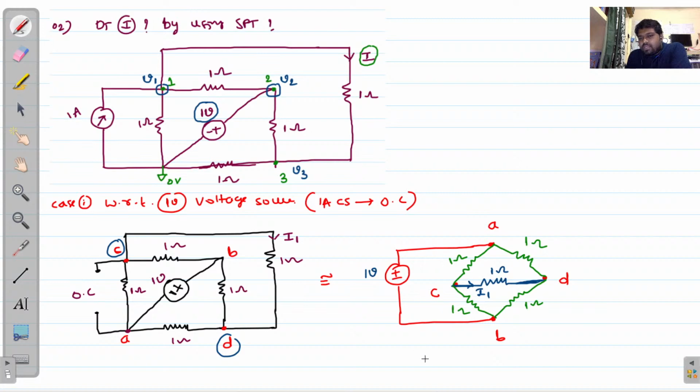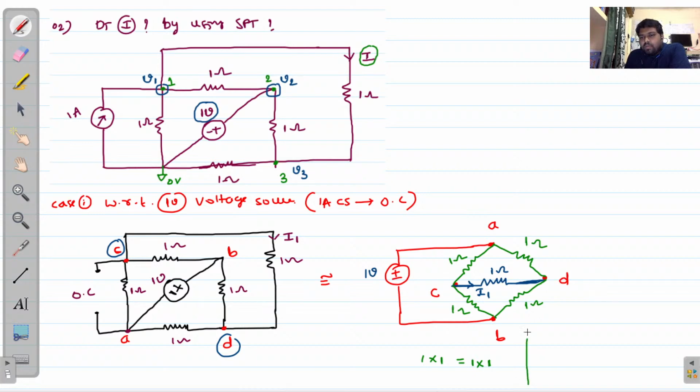That means 1 ohm into 1 ohm equals this 1 ohm into this 1 ohm. So if you are considering opposite resistors, you can take the product. If you are considering same side resistances, then you can take the division.